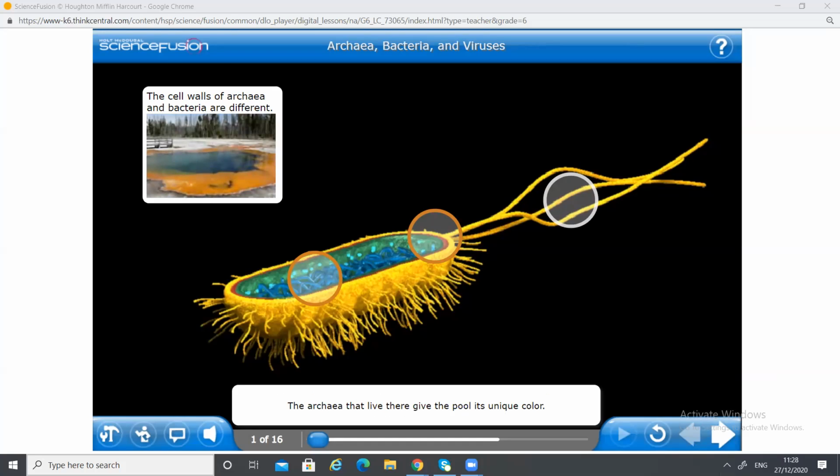So, girls, previously scientists used to think that archaea and bacteria are the same thing. But later on they came to a conclusion that archaea and bacteria are two different things. Now, bacteria cannot live in extreme conditions, girls.